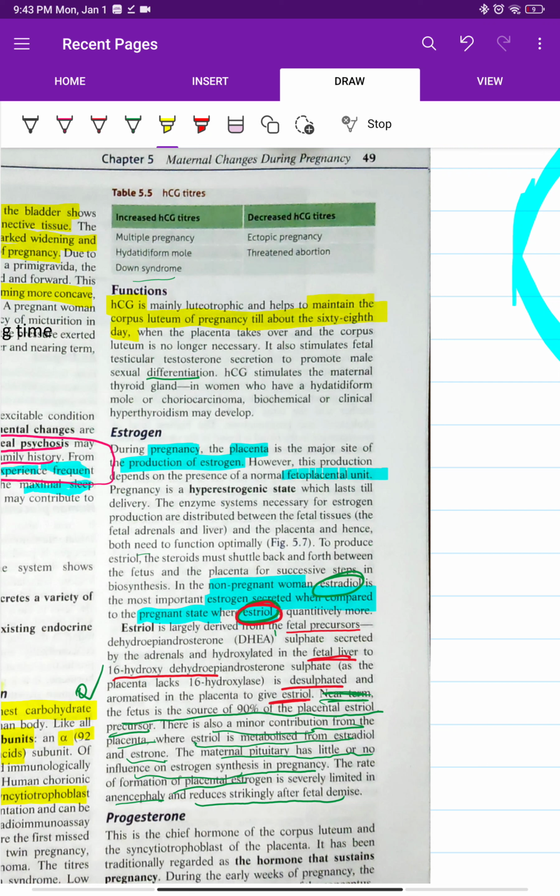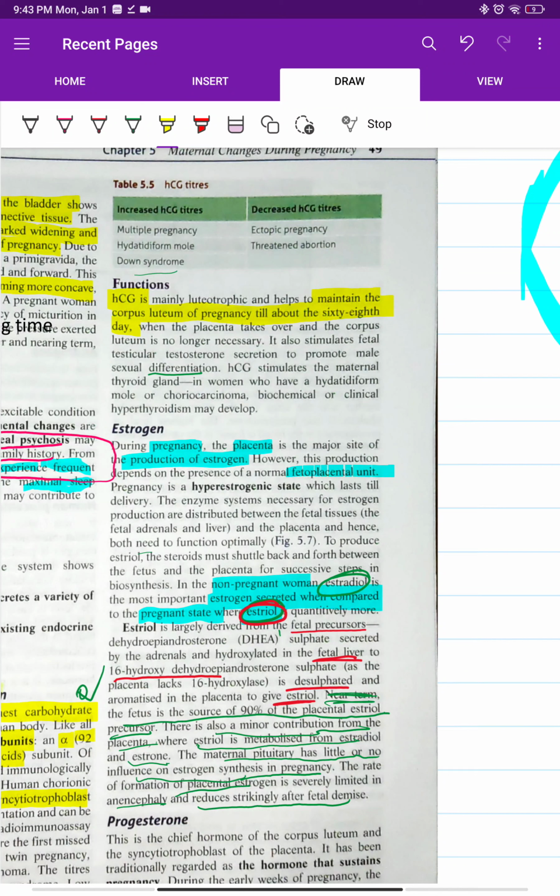Later on, the placenta can itself produce progesterone from the corticosteroids. HCG also stimulates fetal testicular testosterone secretion to promote sexual differentiation. Therefore, that is also important.